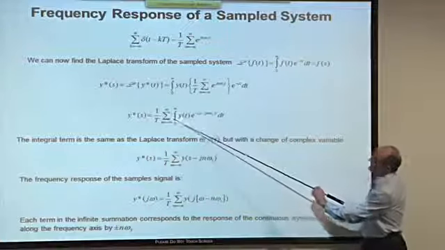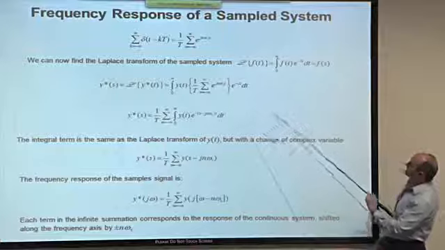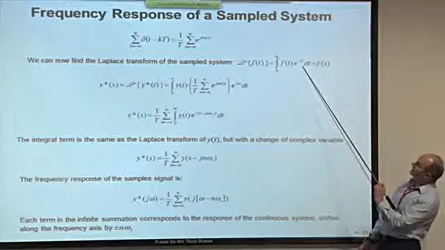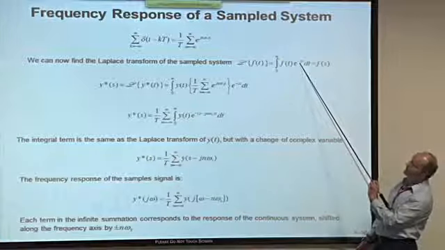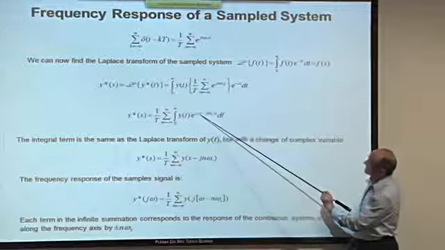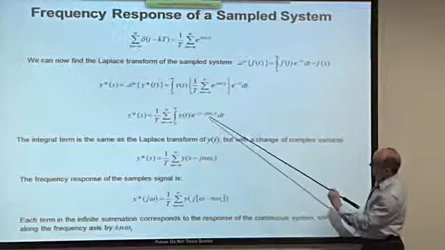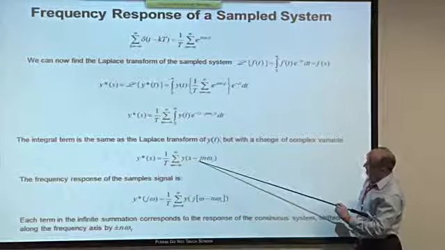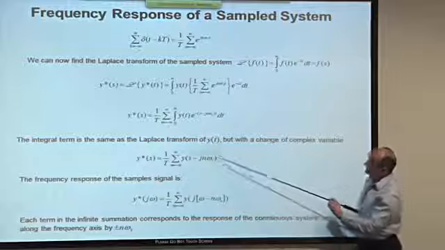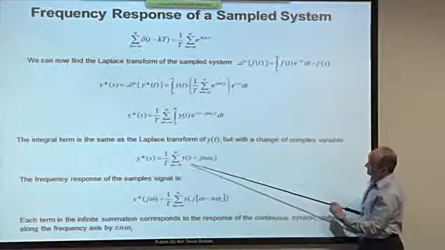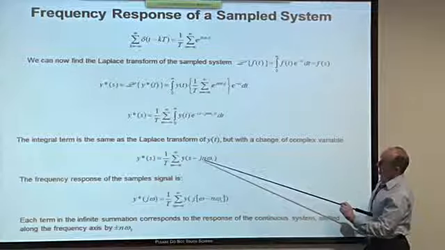Now, if you look at the integral here, it's almost exactly the same as the Laplace transform. Almost. The only thing that's different is the complex variable. Instead of s, it's s minus jn omega s. So let's call it a Laplace transform, but with a different complex variable. What I have is an infinite series of Laplace transforms now, each term divided by t, and the complex variable is slightly different.